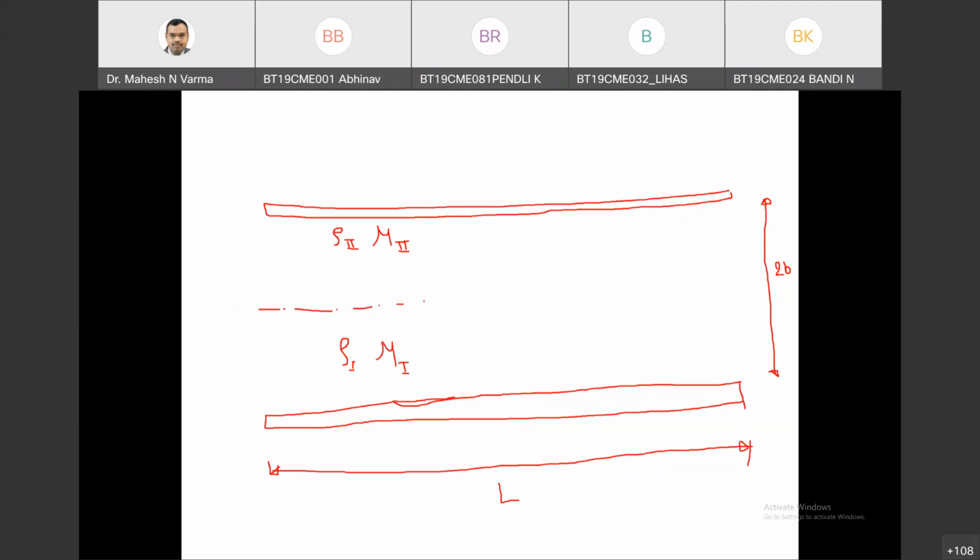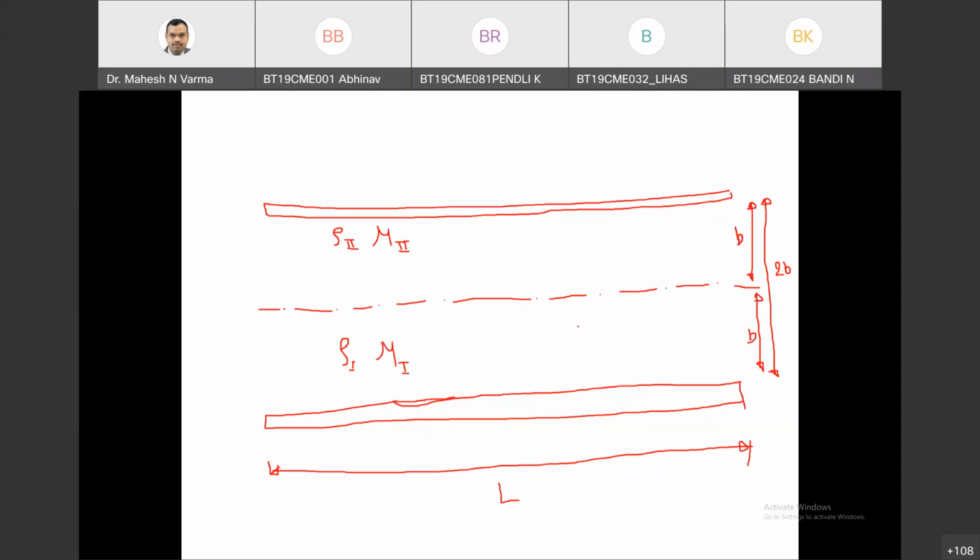So the upper fluid is rho 2, the lower fluid is rho 1, and this distance will be b, and this distance will be b. Okay.